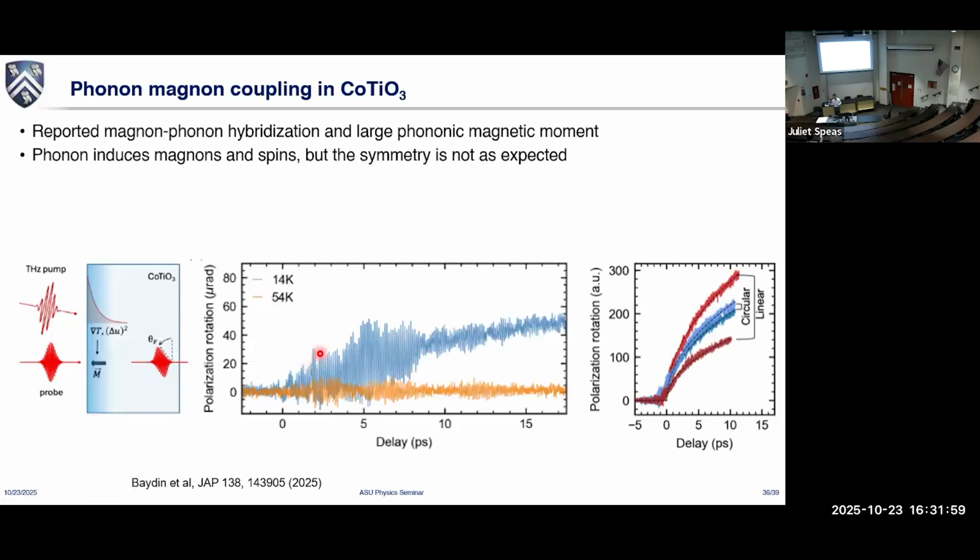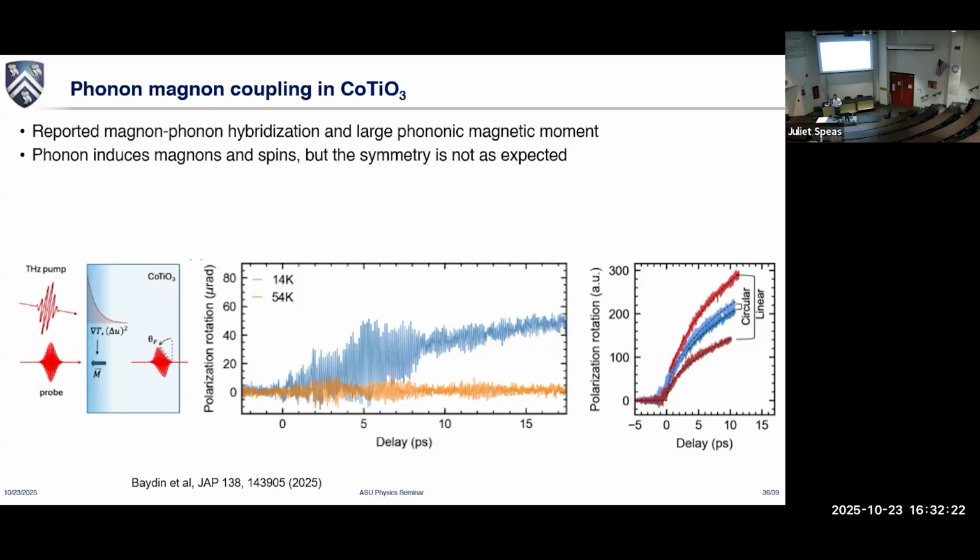These oscillations are phonons. Atoms start to move, and on top of that oscillation, there is some envelope. These envelopes are actually magnons. Basically we're pressing the material, and you will see the spins oscillate. That's very understandable.